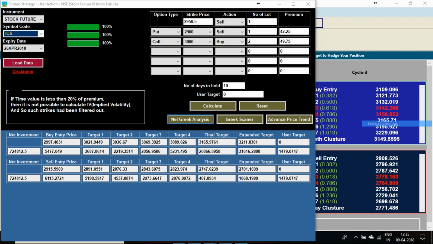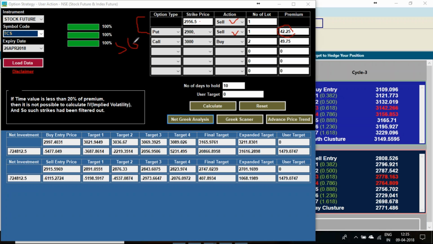Using this particular software, I am demonstrating this. I have formed a covered put strategy in TCS by selling the future one lot and selling a put option of 2,900 one lot. By this process, I have received some premium on the sale, and there is some premium between this put option and the future, some 56 points.